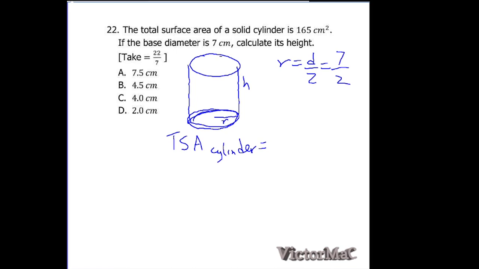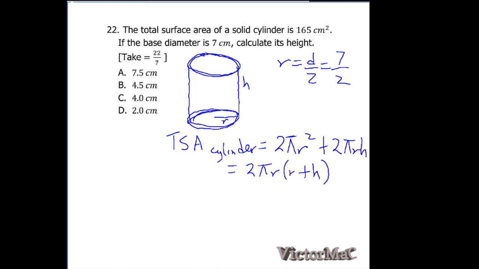Also the top area is pi r squared. So we have pi r squared plus pi r squared, that's 2 pi r squared. And the curved surface area is 2 pi r h. If you factorize, you can easily get this formula in your mathematical table or your four-figure table.